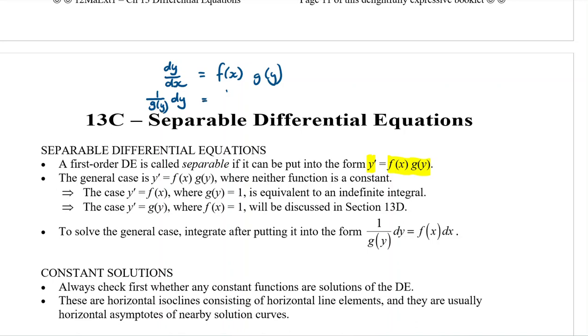And the f of x, that's on the right-hand side, I times the dx over to the other side. There I have all of my y parts on the left and all of my x parts on the right. Then I'm going to be able to integrate both sides. When I do that, I'll be integrating the left side with regards to y and the right side with regards to x, because that was a dy and that was a dx.